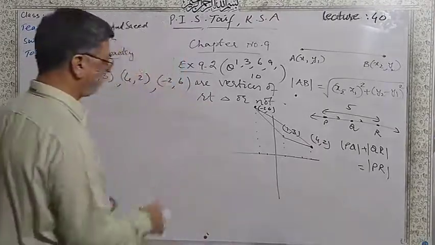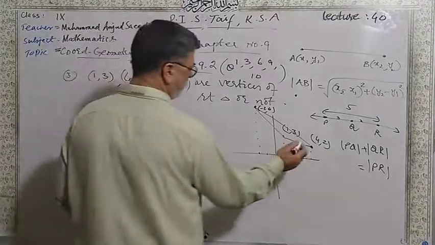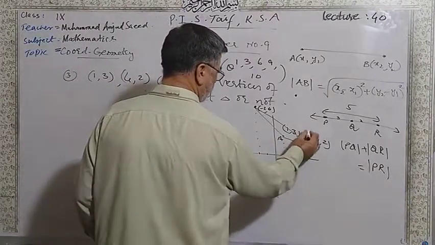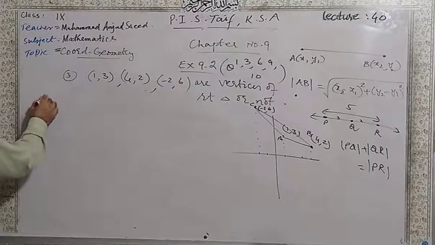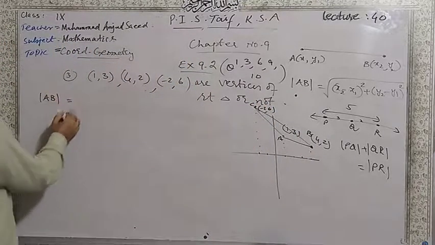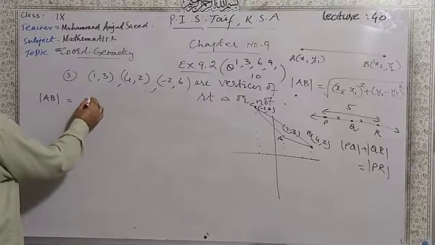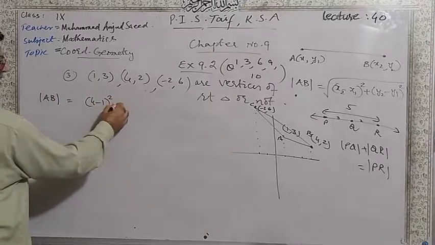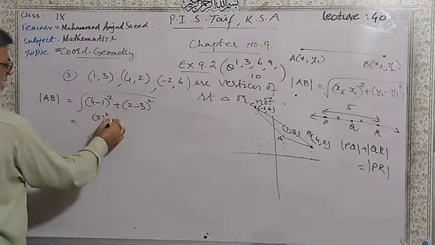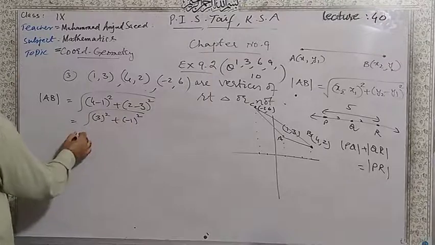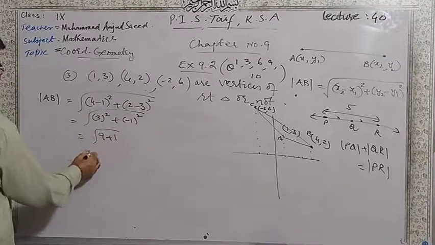Suppose I am taking this as A, this is B, and this is C. |AB| is first minus first whole square plus second minus second whole square: 3 square plus minus 1 square, whole under root. 9 plus 1, that is 10 under root.